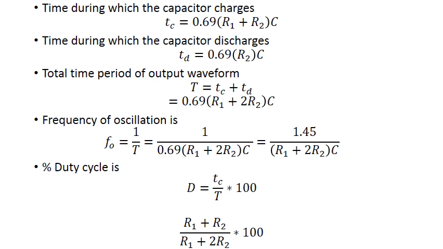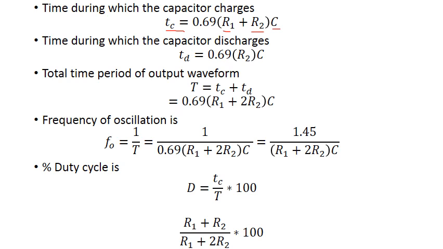Moving on to the design part. So the time during which the capacitor charges is Tc, 0.69 into (R1 plus R2) into C. R1 and R2 are the two resistances in the charging and the discharge path.